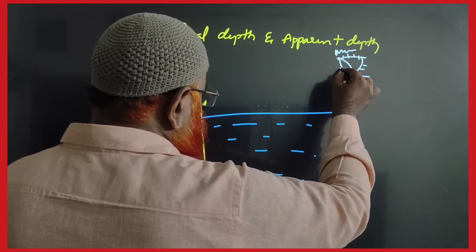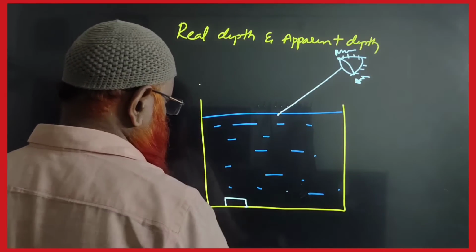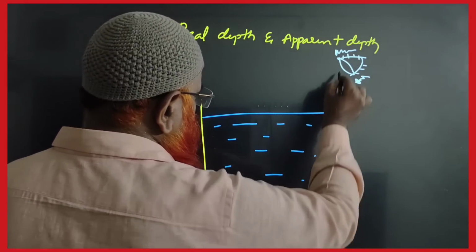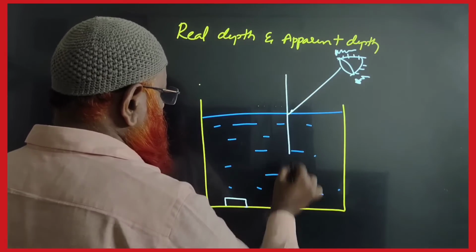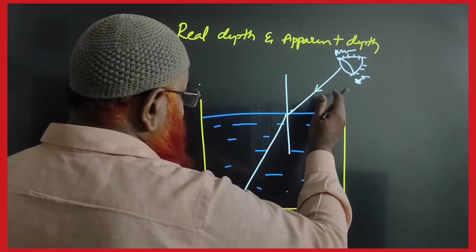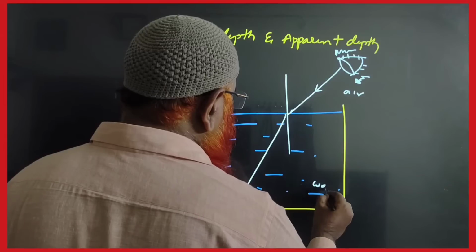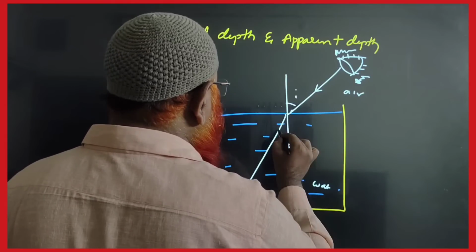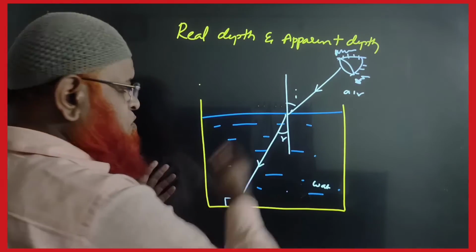You are seeing, and the light ray just bends like this. I told you that when it travels from rarer to denser medium, it is air here and water here. It travels from air to water, it bends towards the normal.